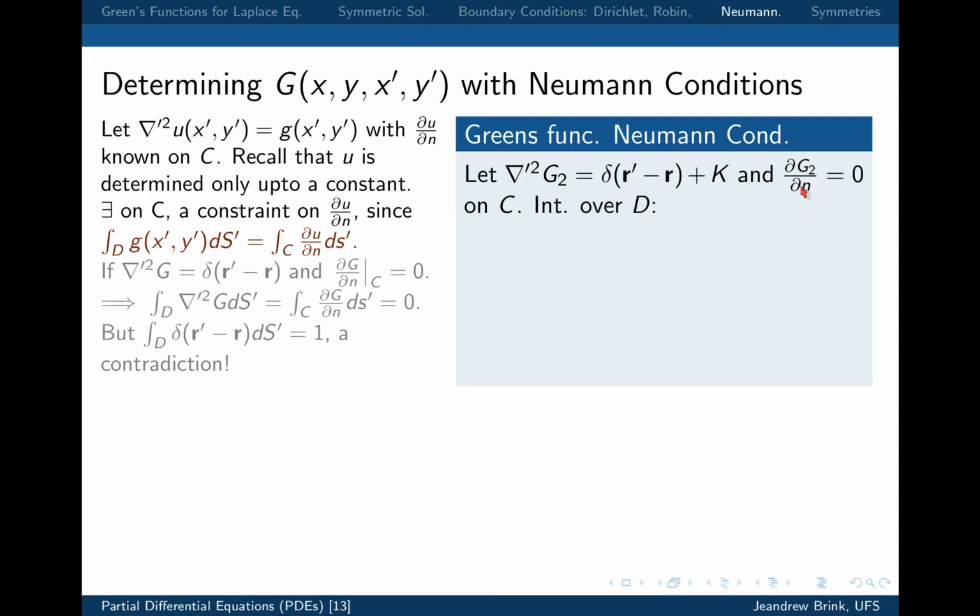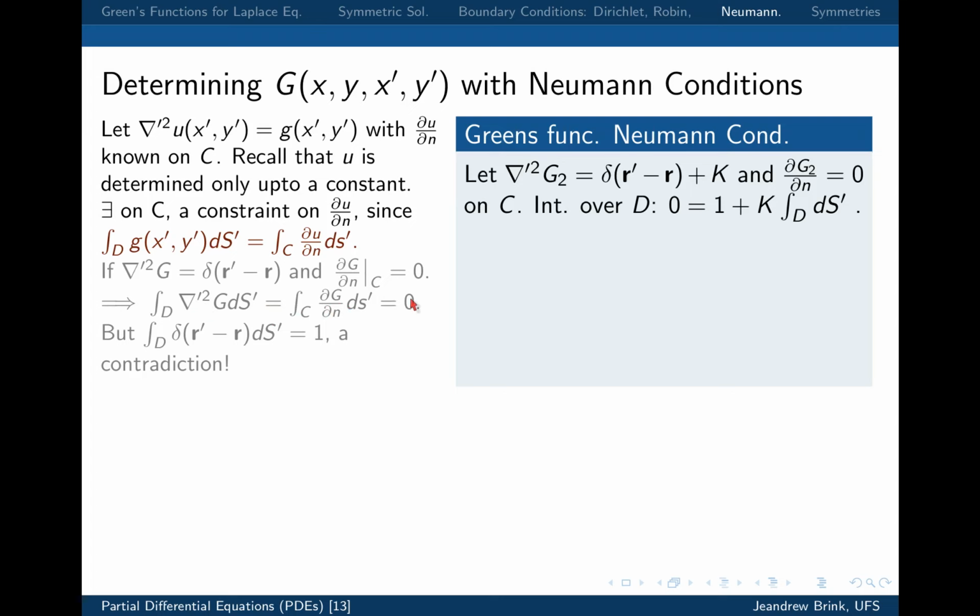And we're going to then integrate over the domain. And if we do that, you once again integrate this thing. Okay, you integrate the Laplacian of g, it simply equals this, which is equal to 0 on the left-hand side.